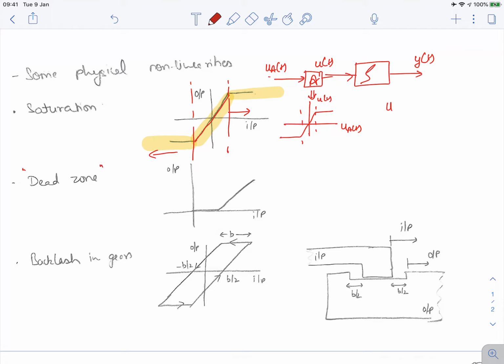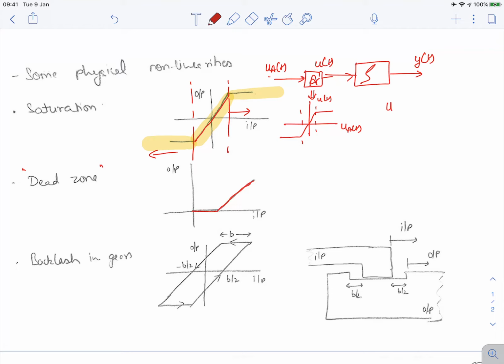On the x-axis we have the input, and on the y-axis we have the output. The dead zone nonlinearity is such that there is a linear line between the input and output, but this input output line does not start at zero.